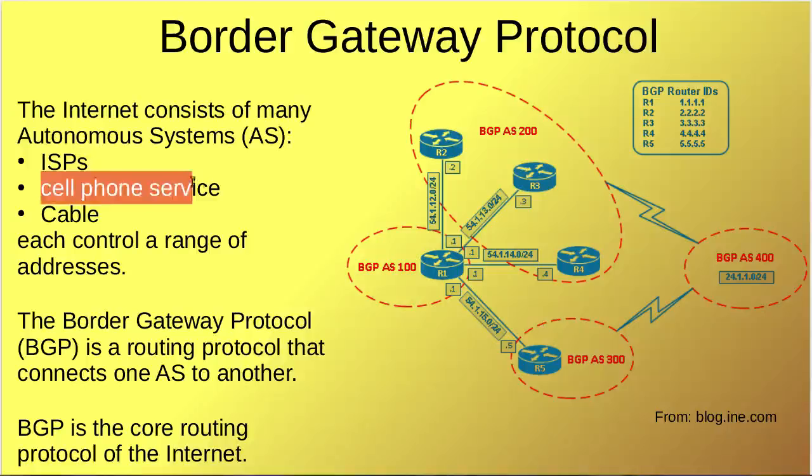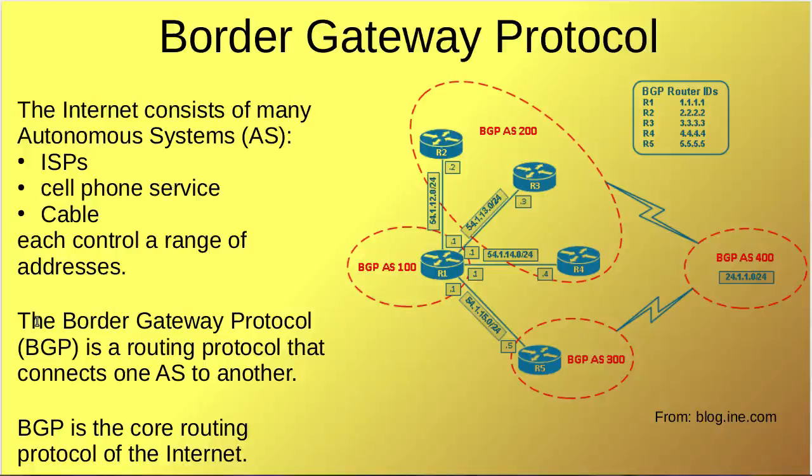Your cell phone service might coordinate all your data usage, and so they have their own autonomous system that's responsible for all the subscribers for that company. Same thing with cable modems and DSL modems. If you have one of those, then your service provider is responsible for managing that autonomous system. And each of these autonomous systems controls a range of addresses.